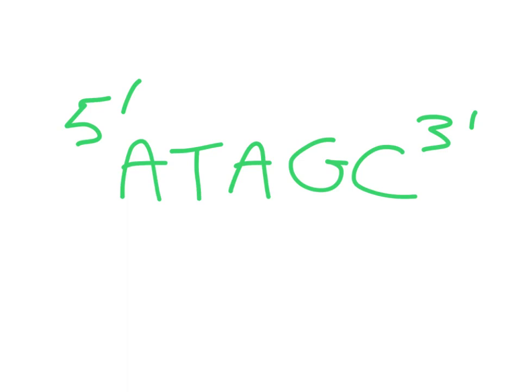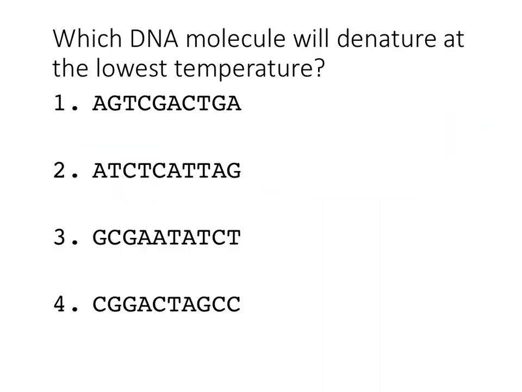Any questions? So think about this for, let's say, a minute. We've got 4 different strands of DNA. Each of them, as I just said, start with 5' on the left.